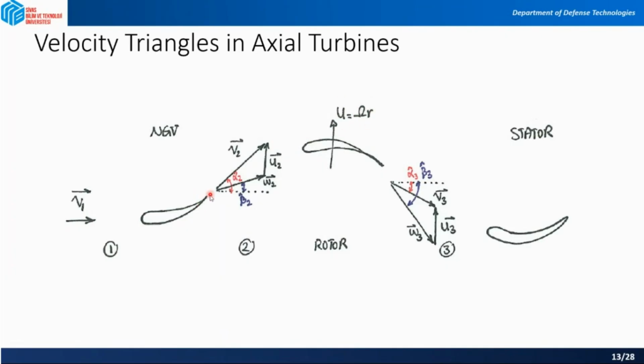So again, you have the absolute velocity vector as v, and your w velocity vector is here, and you have the peripheral velocity. So the angles are alpha for absolute and beta for your w velocity.